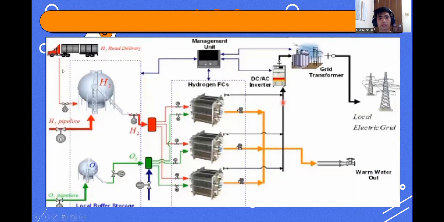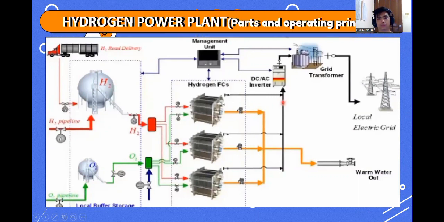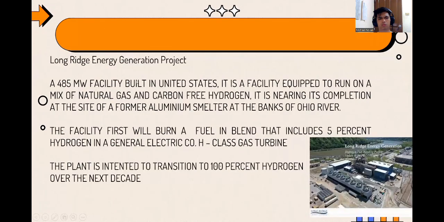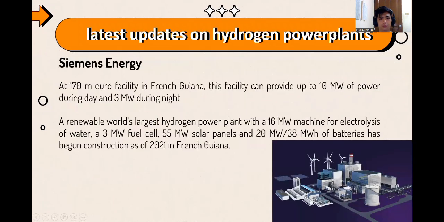Basically, this whole process na-explain na kanina. So, latest updates on hydrogen power plants. Siemens Energy at 170 million euro facility in French Guiana. This facility can provide up to 10 megawatts of power during day and 3 megawatts during night.